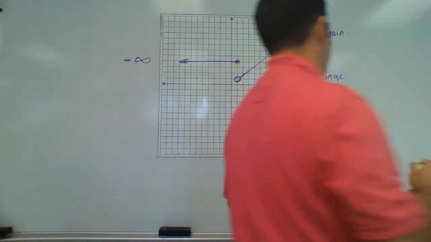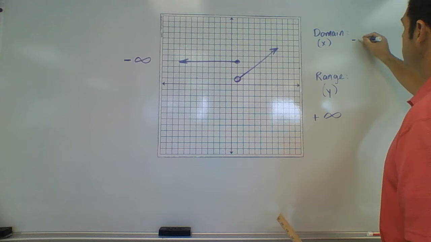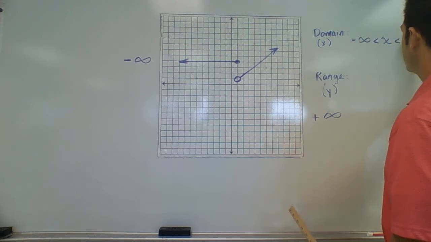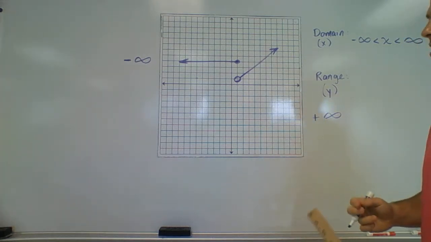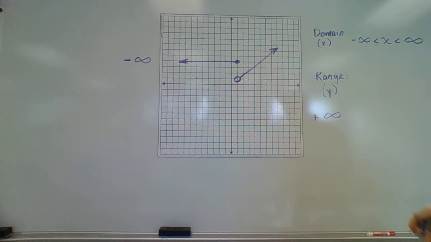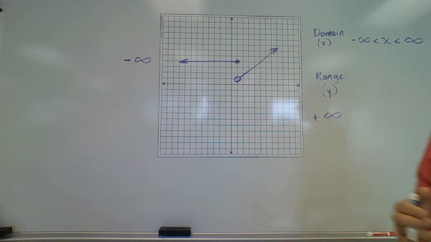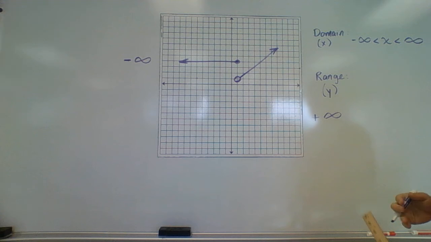So for the domain, how I write that out is negative infinity is less than x, which is less than positive infinity. When we have our arrows pointing off to the left and right, that means we're covering everything in between negative infinity and positive infinity.